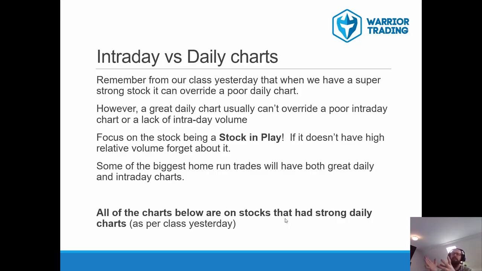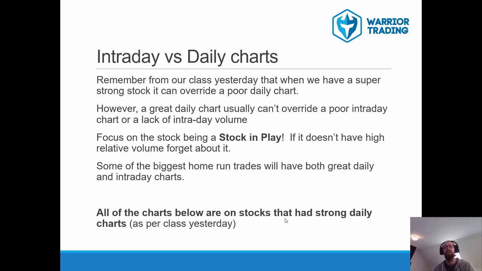But if we don't have them because for whatever reason the stock is below some of its moving averages or right at a resistance point, that might be okay as long as we have the strong intraday catalyst. But again, we're always going to focus on the stocks that are in play, meaning they have high relative volume.